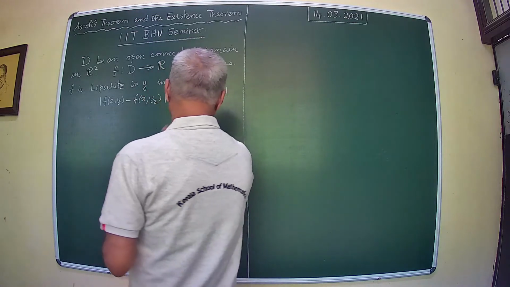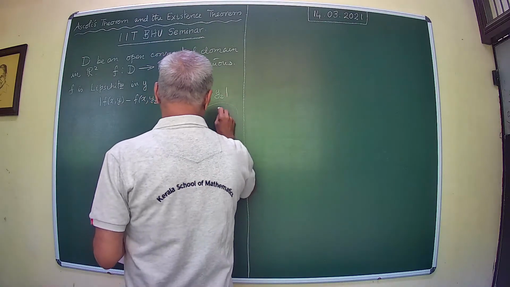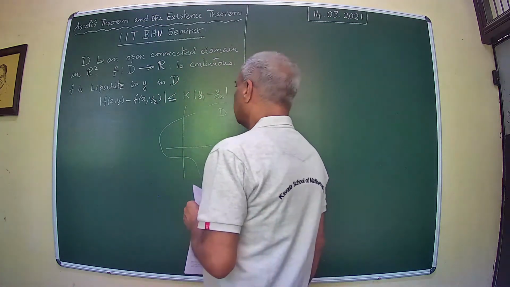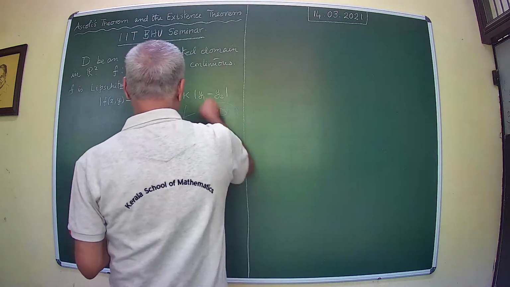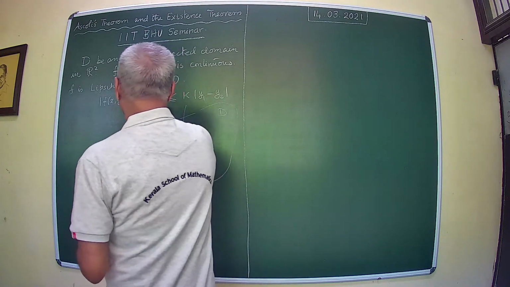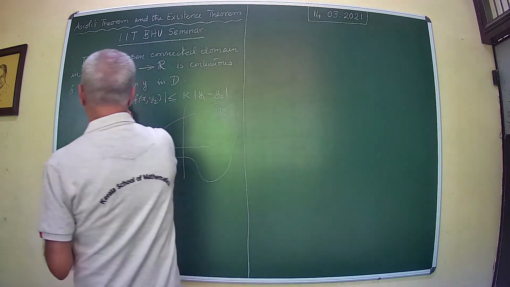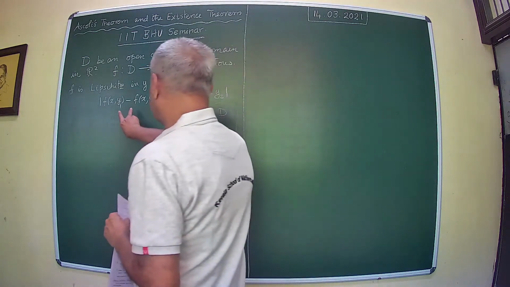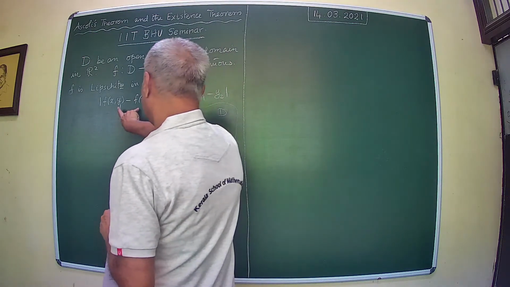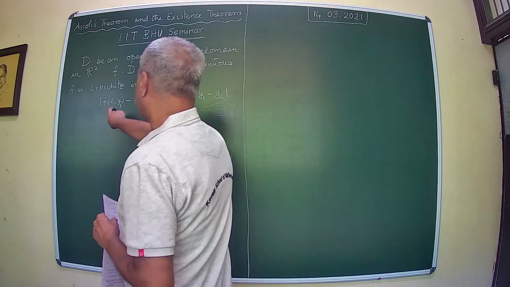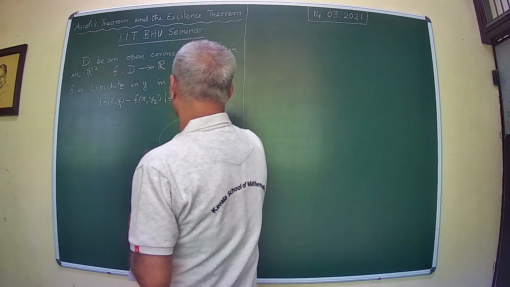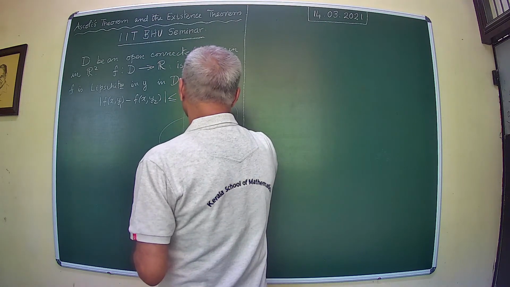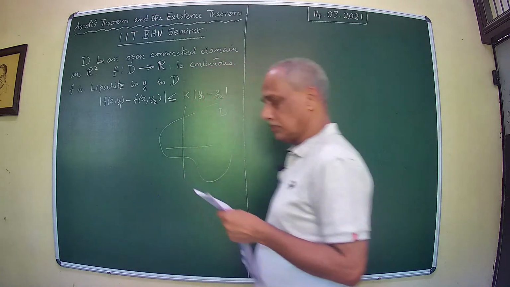Then on the vertical line we are assuming this is continuous with respect to y, and the specific estimate is that the bound of f(x, y1) minus f(x, y2) is bounded by A times mod y1 minus y2.